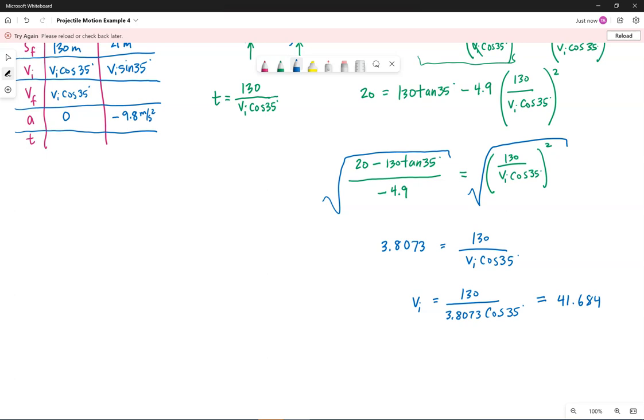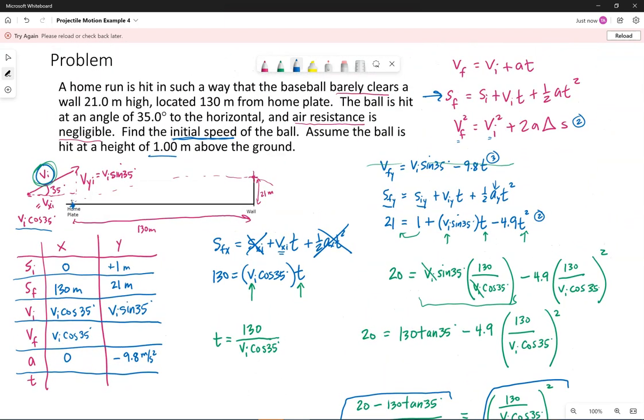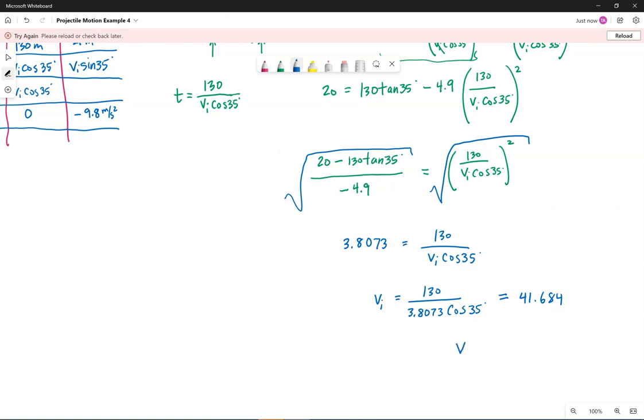Now I need to revisit the problem to see how many significant figures I need. I tend to forget, so I need to go visit again. This one is 3, 35.0 is 3, the 1 is 3, 130 is technically 2. So I would say V initial is 42 meters per second.